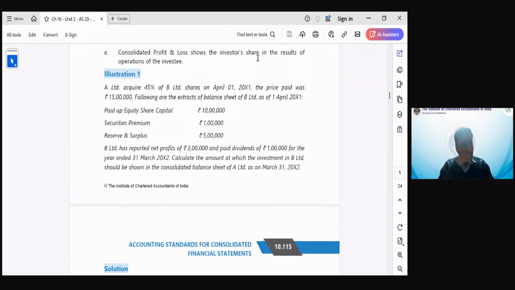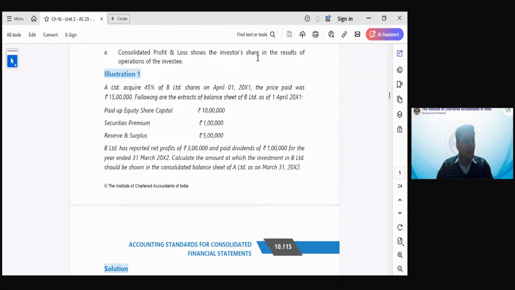So this is something which you are required to compute. On 31st March, what is the amount which A Limited will record in respect of B Limited in its consolidated financial statements. Please remember, in its consolidated financial statements.